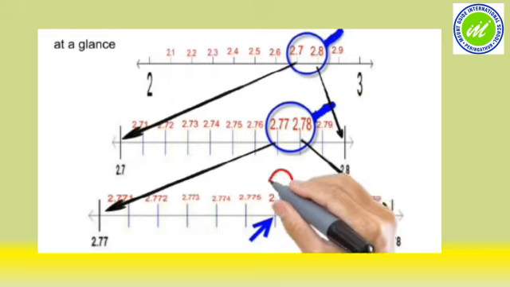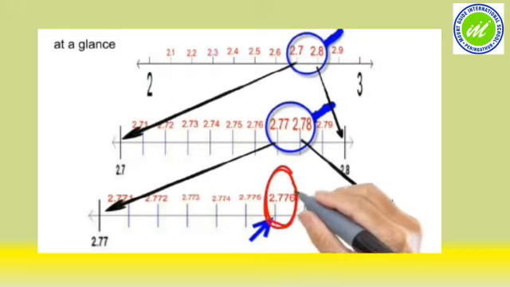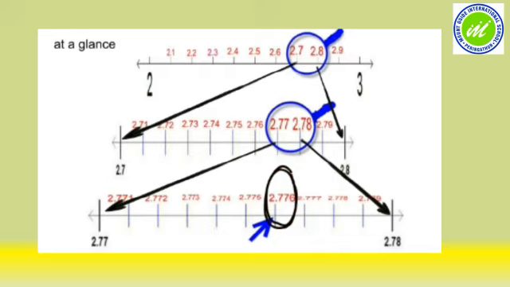We call this process of visualization of presentation of numbers on the number line through a magnifying glass the process of successive magnification.